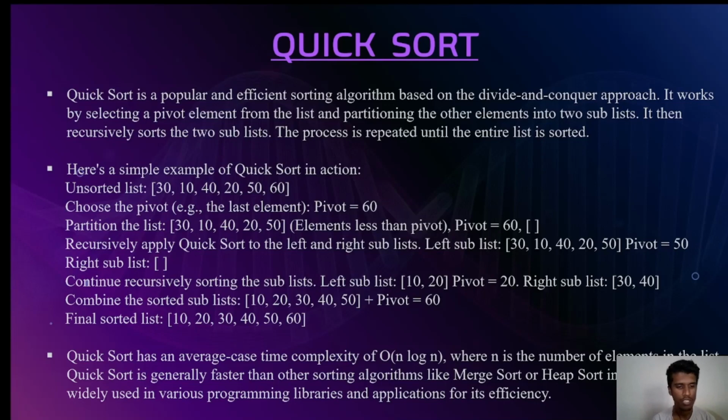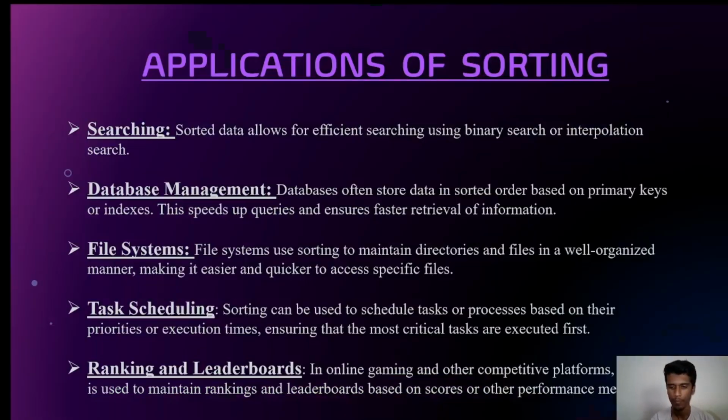Quicksort is generally faster than other sorting algorithms like merge sort or heap sort. It is widely used in various programming libraries and applications for its efficiency, and for managing and arranging data in big companies.